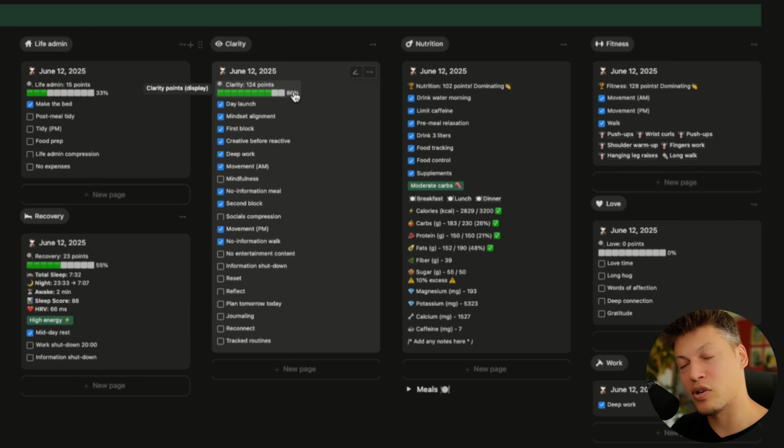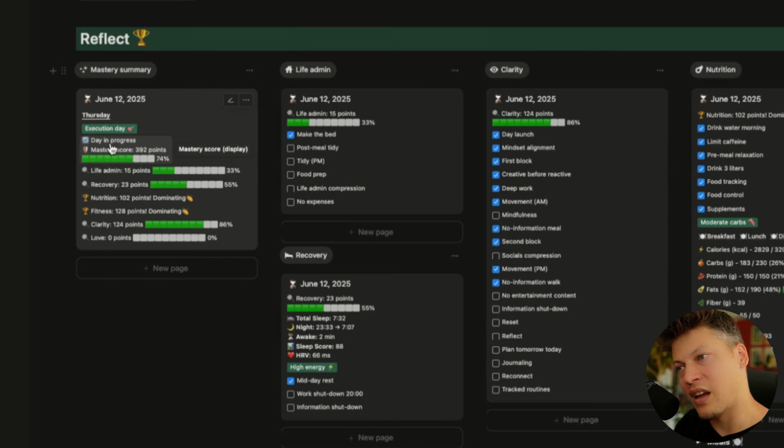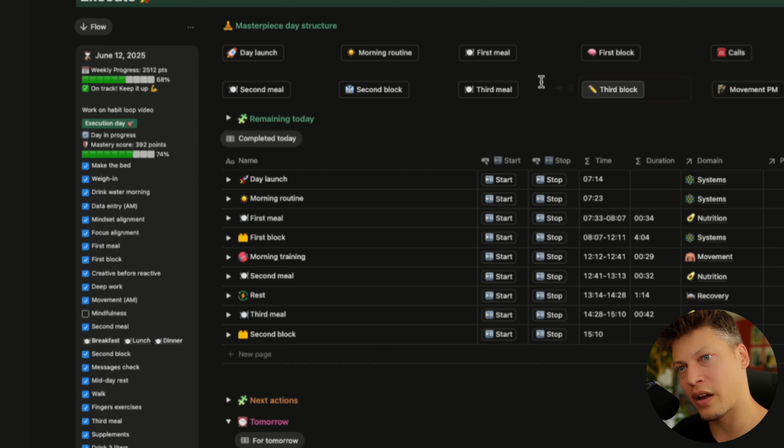These are not percentage points of the maximum number of possible points that you can get, but instead it's a percentage of my target. And finally, the last point is you are able to take all these scores for separate domains and aggregate them into a mastery score. This is actually what you were seeing all along in this field on the left. So when I execute some routines, I will immediately see this score go up.